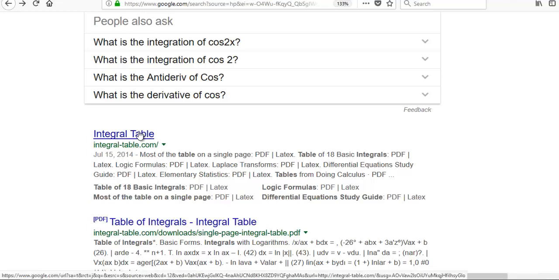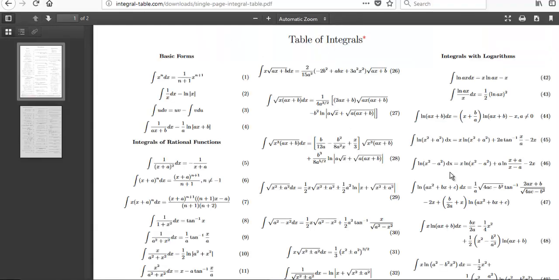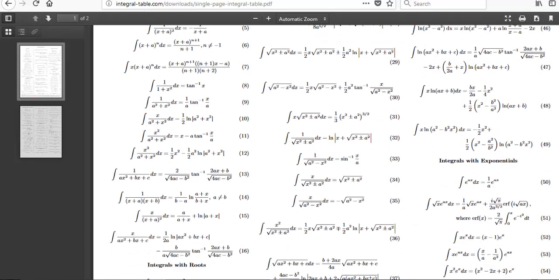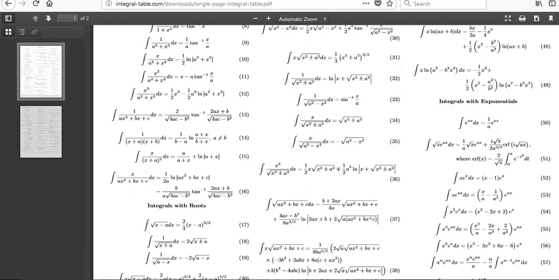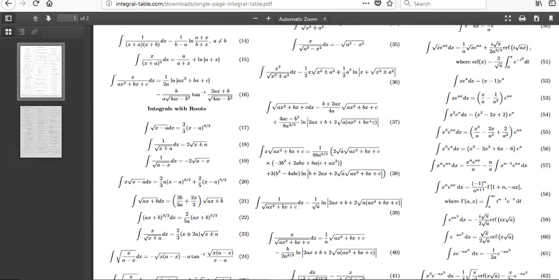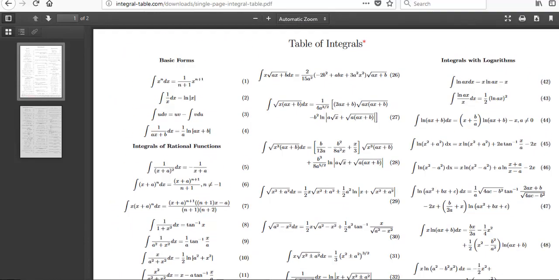Integrals table. What I'm looking for is the arc secant. Where is the arc secant? Well, I'm pretty sure I know what it is.